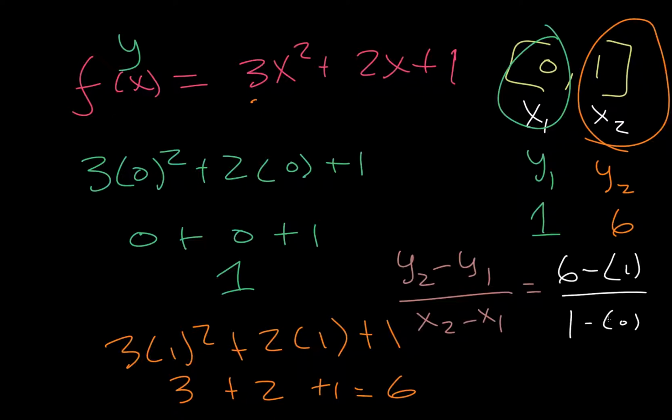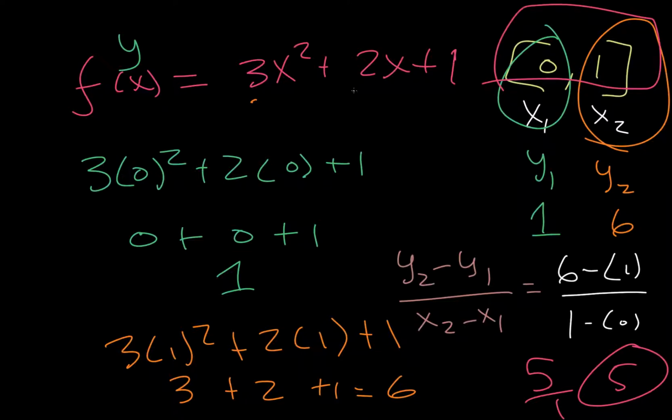So if I simplify that, 6 minus 1 is 5. 1 minus 0 is 1, so the average rate of change on this interval is 5. Okay. If we were to graph this and then do a line that goes from the x value 0 to 1, it would have a slope of 5.